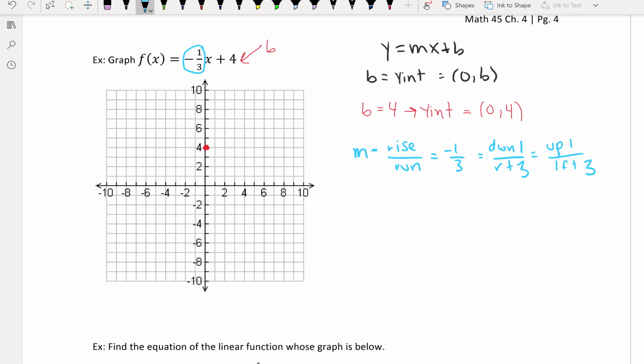So if I go down 1 and to the right 3, I'm here. I also could have gone up 1 and left 3. And notice how that's still a linear equation. It's still a line. So now when I connect my dots, hopefully it's a straight line. That is what your line is going to look like. If I had a ruler, it would be a lot straighter, but that's okay.